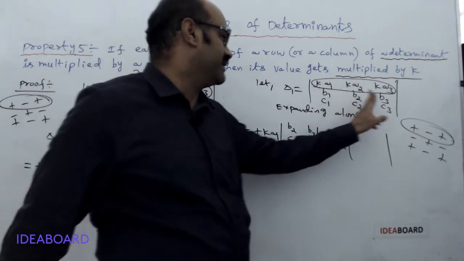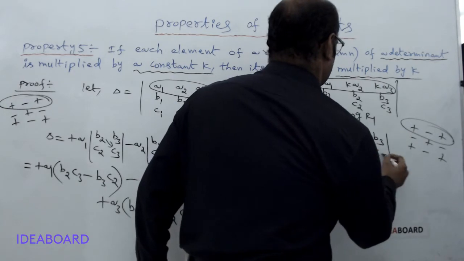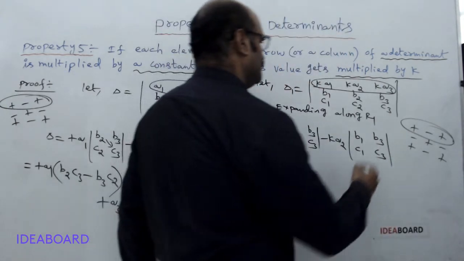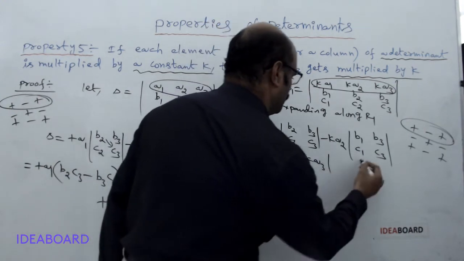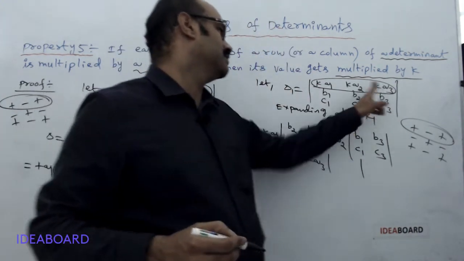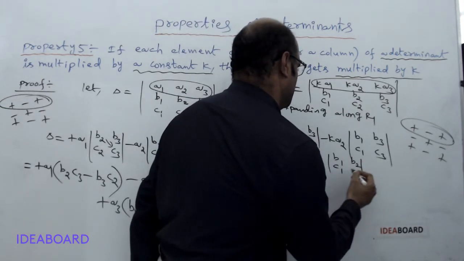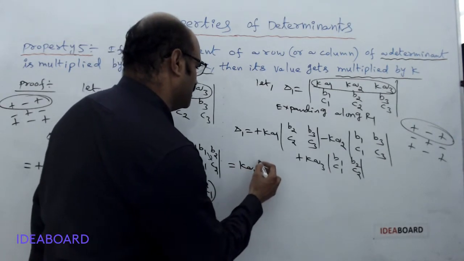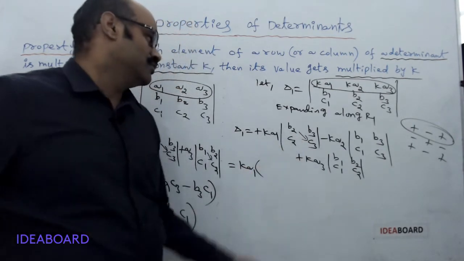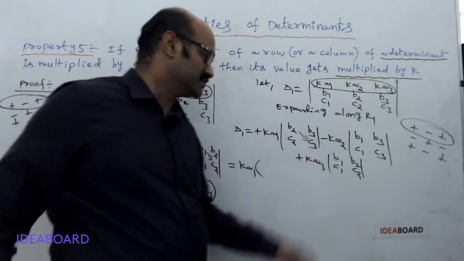So the remaining elements b1, b3, c1, c3. Next plus ka3 into, we have determinant of b1, b2, c1, c2. Now which is equal to, we are having ka1 into product of diagonal elements minus product of half diagonal elements.